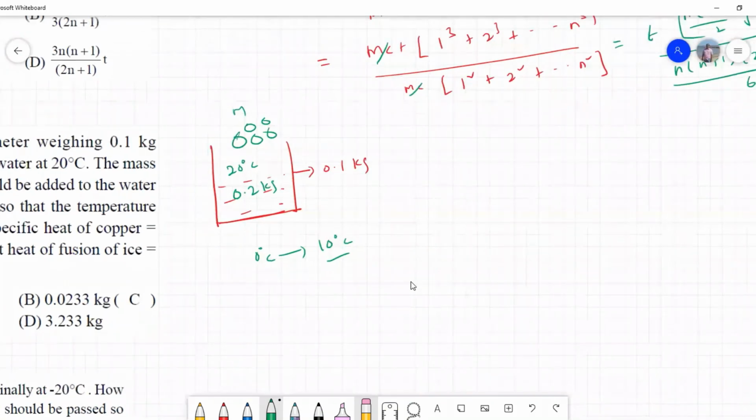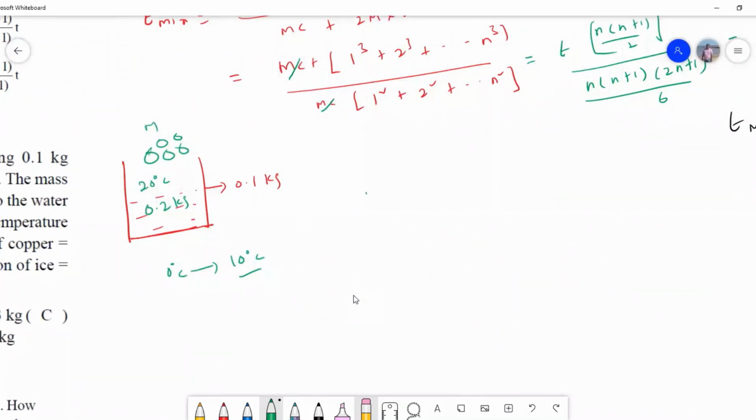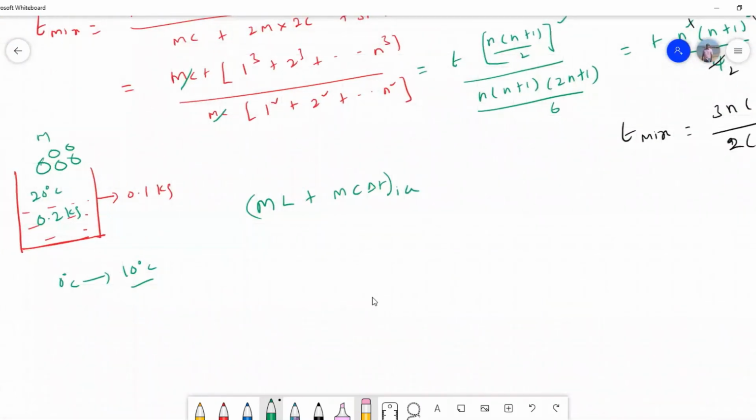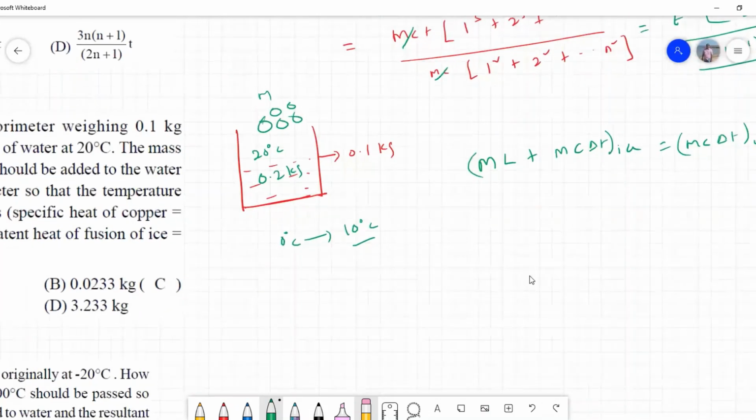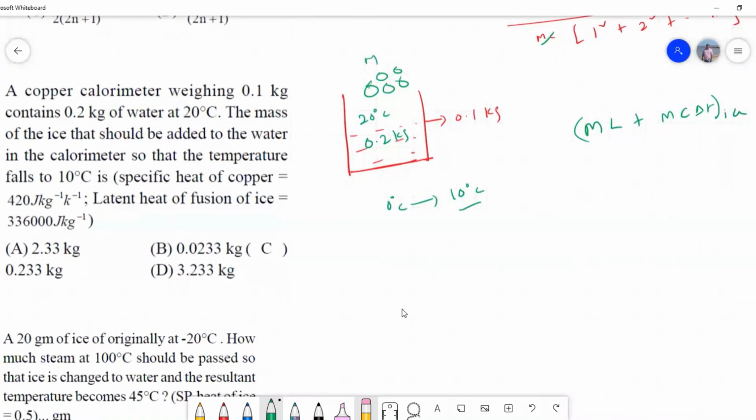So let us take mL plus mc delta T of ice, because change of state plus change of temperature, is equal to mc delta T of water plus mc delta T of calorimeter.